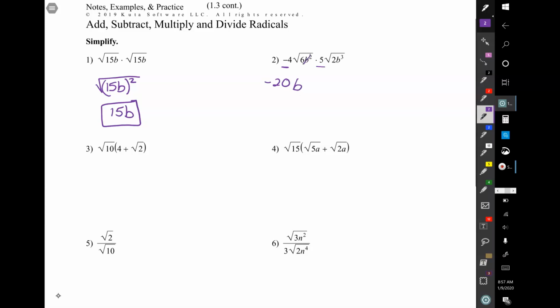And then I have a square root of b cubed, so I could pull out the b, but I want to track what's left under there. My square root of 6 times 2 times, and then I still have a b left under there, because 2 into 3 would be 1 factor of b, and then I still have 1 left over. So remember, if there's no exponent written there, it's just 1. You can maybe write that in so you don't forget.